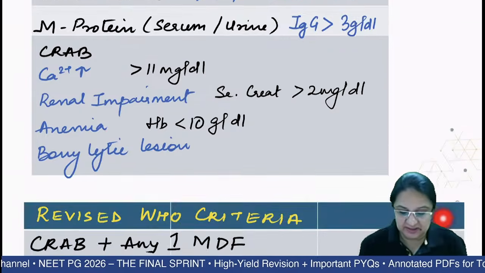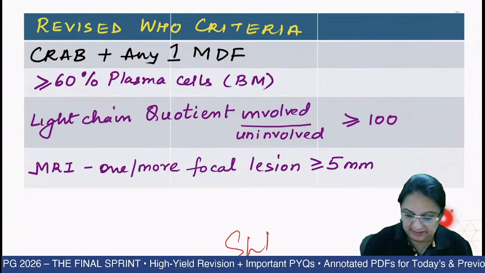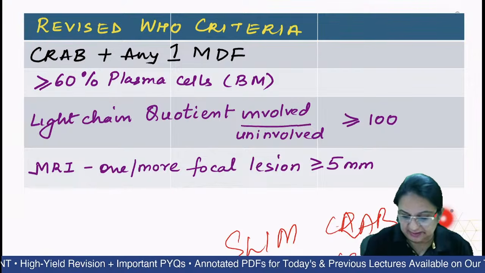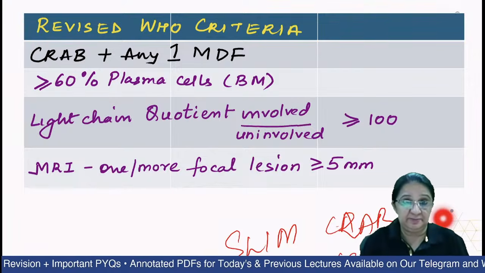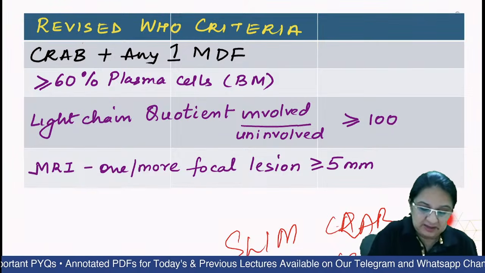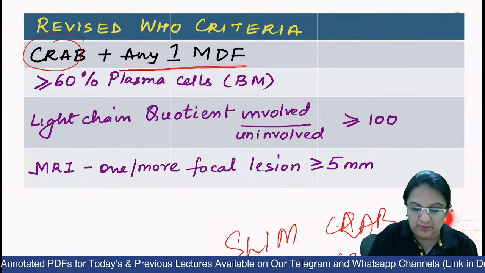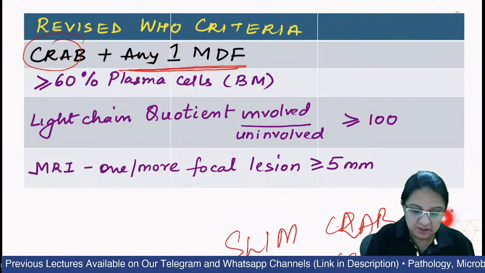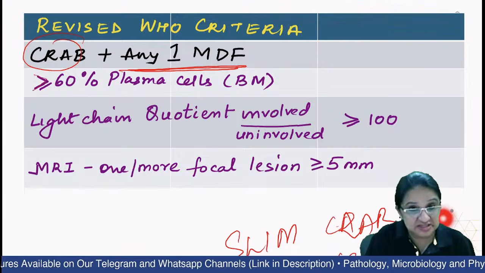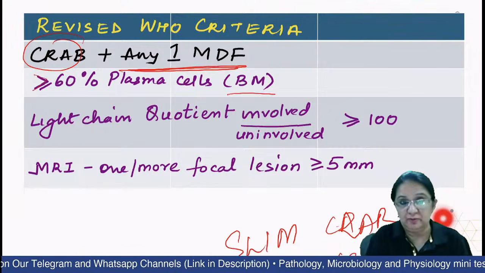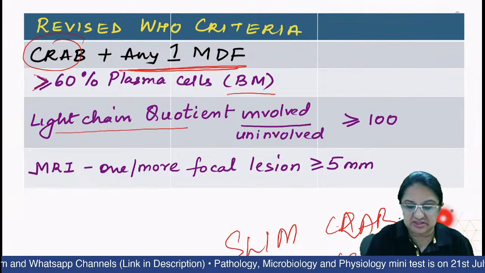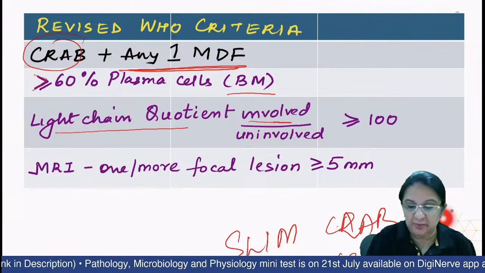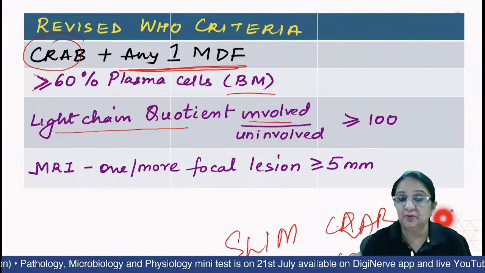Now we also have SLiM CRAB criteria. Now what is SLiM CRAB criteria? It is CRAB plus any one myeloma defining feature. What are the myeloma defining features? More than or equal to 60% of plasma cells in the bone marrow. Light chain quotient, kappa or lambda, involved over uninvolved, it should be more than 100.